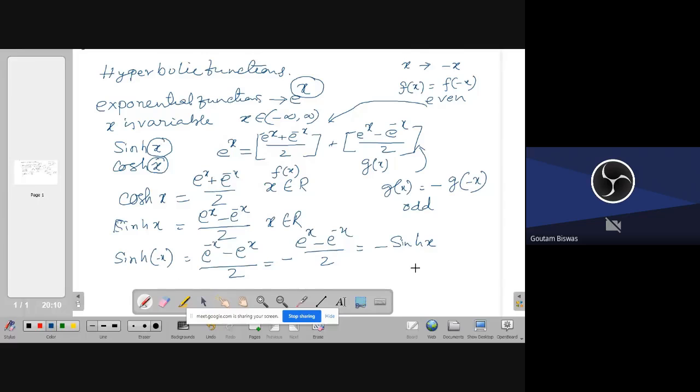So this is an odd function. Similarly, you can find it here also, and you find that this is an even function. So sine hyperbolic is an odd function and cos hyperbolic is an even function.